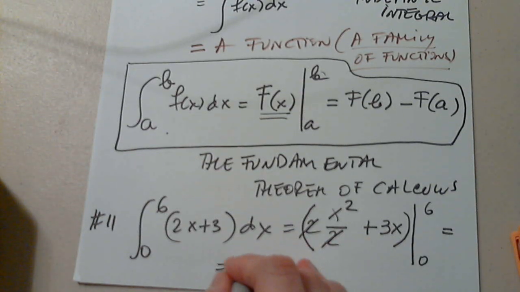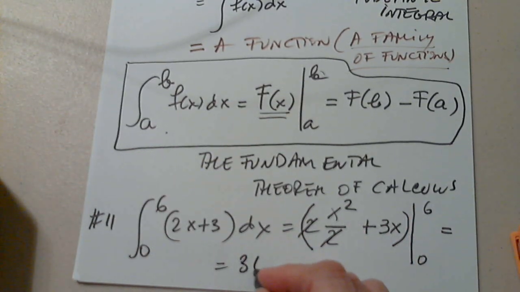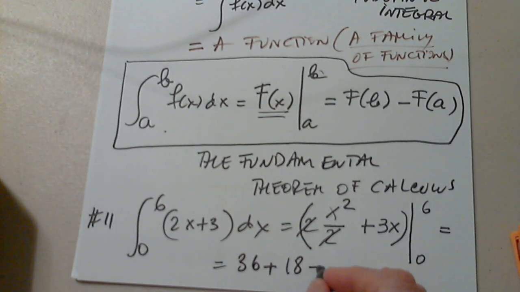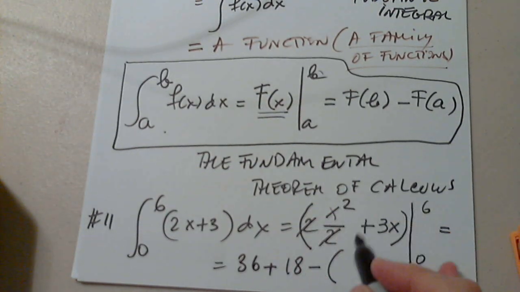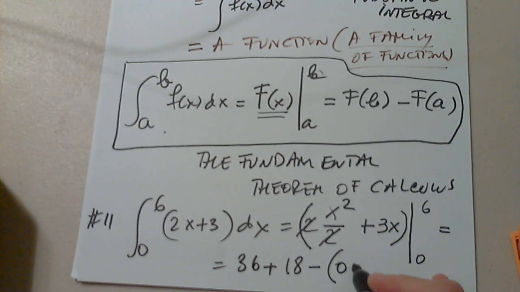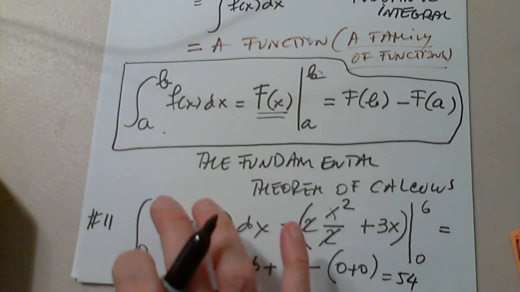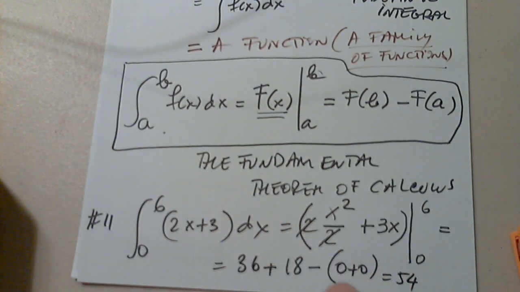So when I plug in 6, I get 36 plus 3 times 6, 18. If you want, minus parentheses, plug in 0, you get 0. 36 plus 18 is 54. So the definite integral from 0 to 6 of 2x plus 3 dx equals 54.